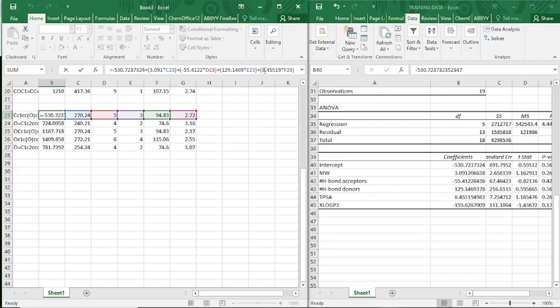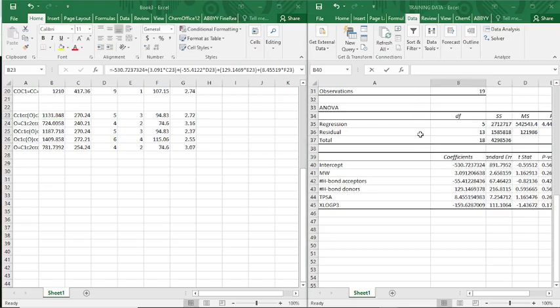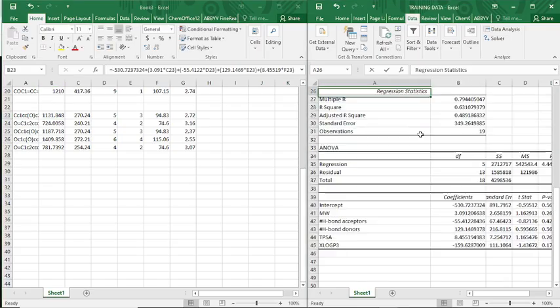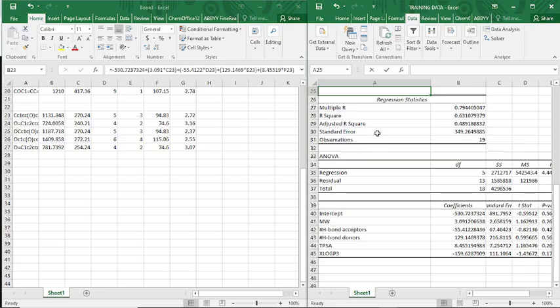Then at the end, you put your plus and type in your E. The E now is the standard error, which is 349.26 and so on.